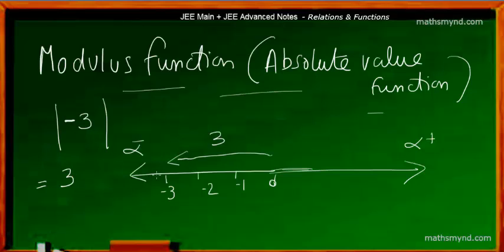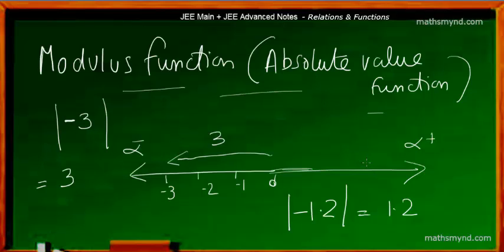So that's the case with -1.2 as well. Again that would be 1.2, because that's the actual distance from 0. Of course, when you are looking at the positive side, the signage is not necessary.